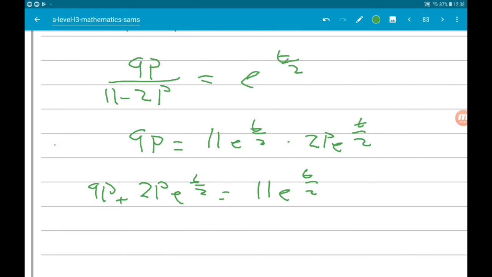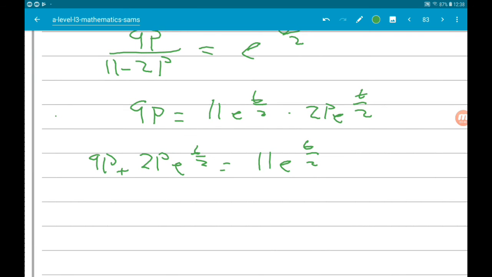Factorise the left, p lots of 9 add 2 e to the t over 2, is equal to 11 e to the t over 2.